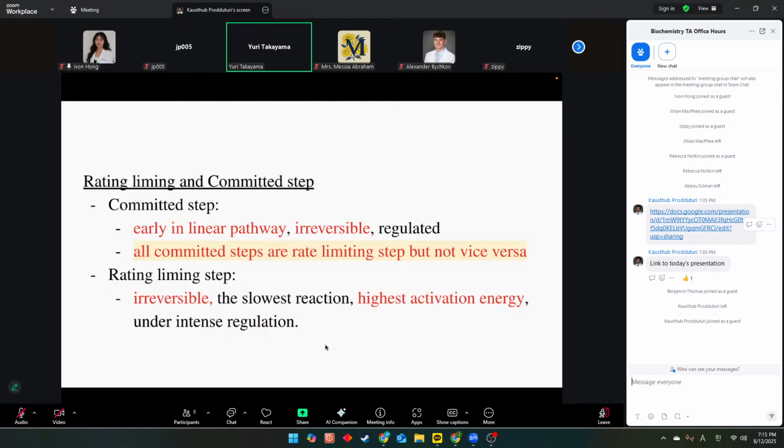While the rate limiting step is irreversible and it's the slowest reaction, requires high activation energy, and usually is under very intense regulation. So all committed steps are rate limiting steps, but it's not vice versa.